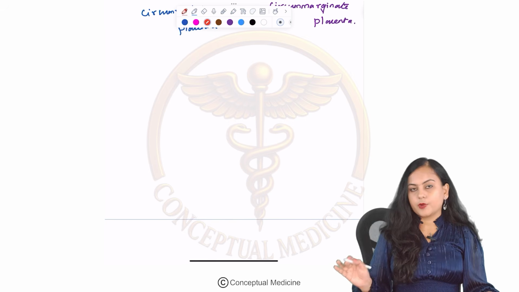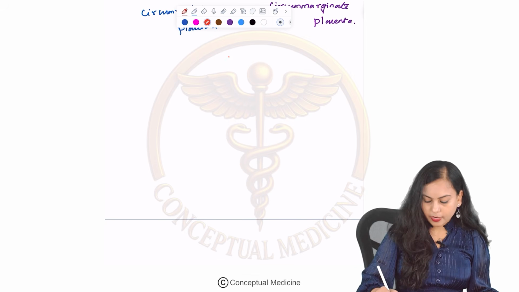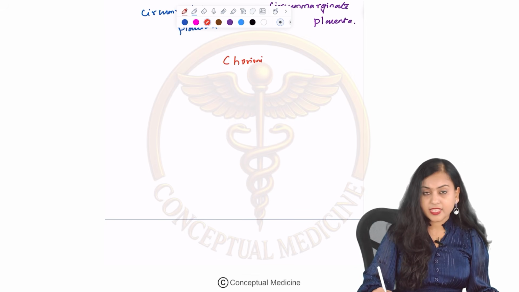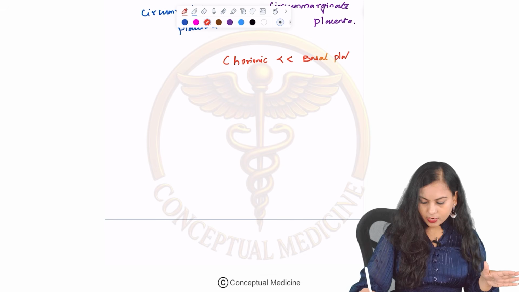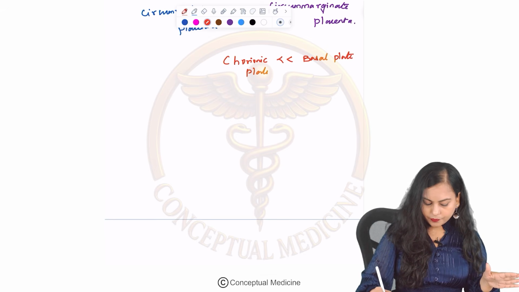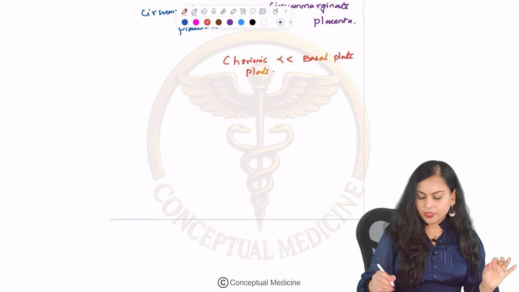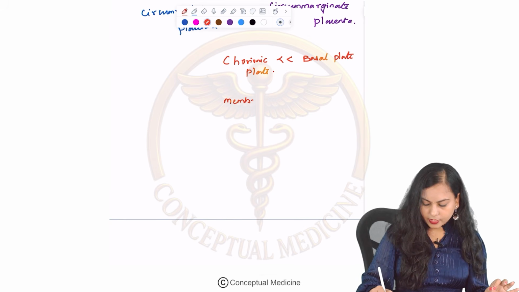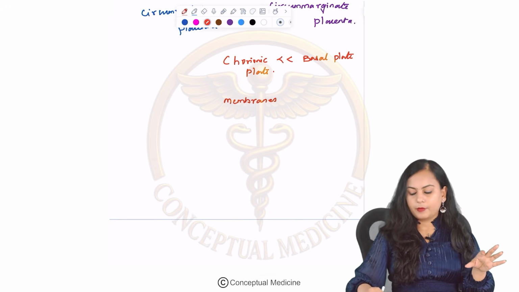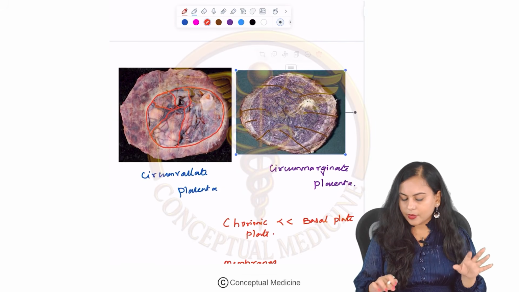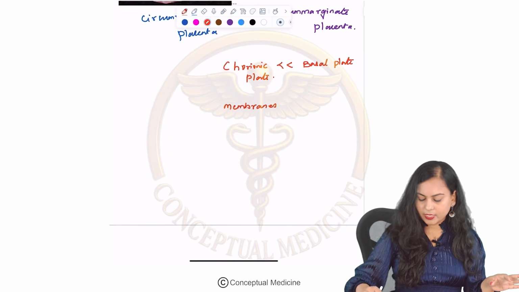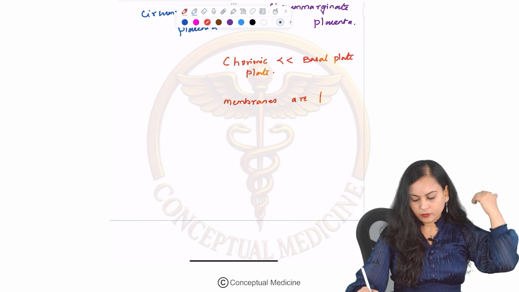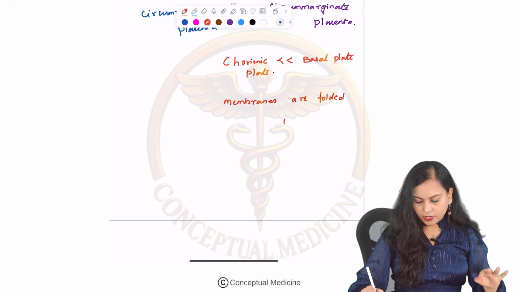Now, in both these types of placenta, your chorionic plate, that is the chorionic side, is going to be much smaller when compared to your decidua basalis, that is your basal plate. Clear? And membranes are folded on themselves. That's why the thickened membrane is present. In both, the membranes are thickened, but it is more prominent in circumvallate placenta, right?